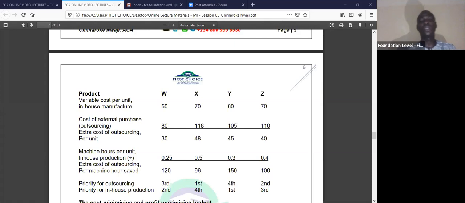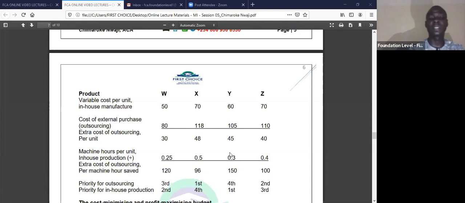We have 120 as stated in the answer there. Then the second one is 48 divided by 0.5. We have 96. Good. We have 45 divided by 0.3. We have 150. Fine. And 40 divided by 0.4. We have 100. That's good.